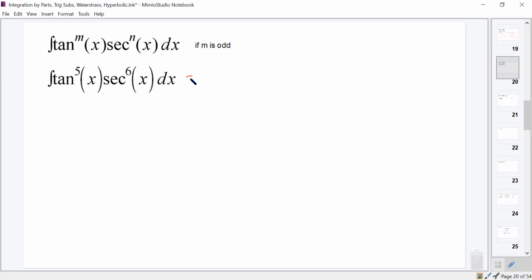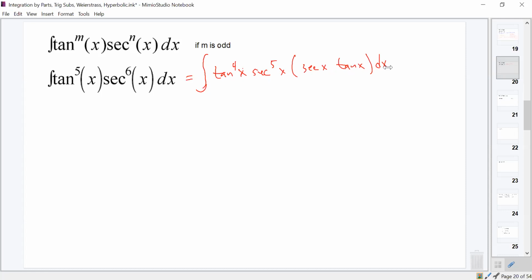So we're going to write this out as an integral of tangent to the fourth of x, secant to the fifth of x, times secant x tangent x dx.